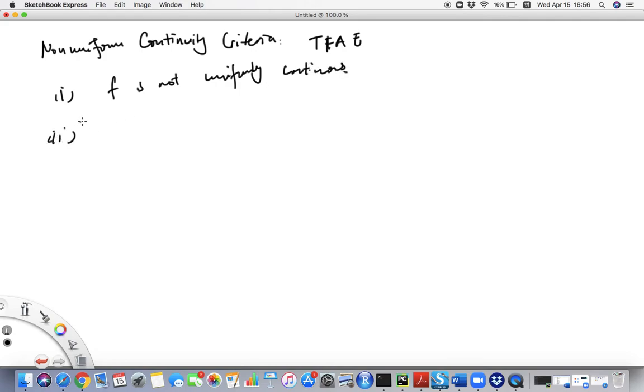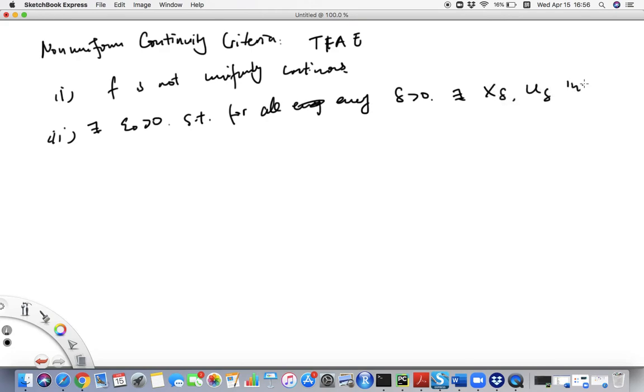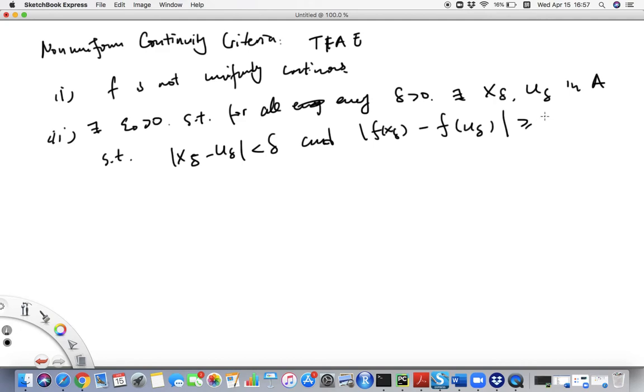2, there exists epsilon_0 greater than 0 such that for every delta greater than 0, there exist points x_delta, u_delta in A such that |x_delta - u_delta| is less than delta, and |f(x_delta) - f(u_delta)| is greater than or equal to epsilon_0.